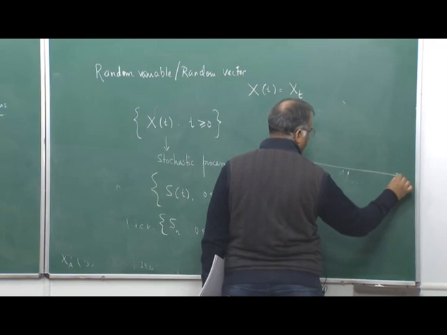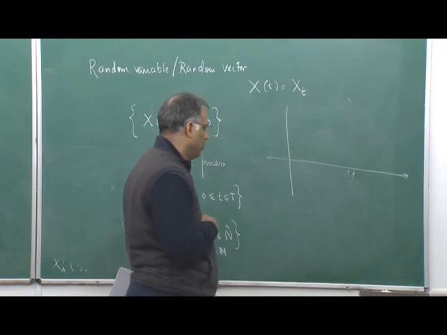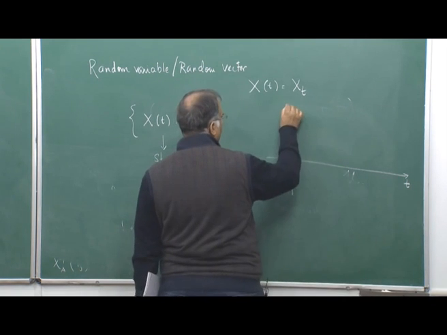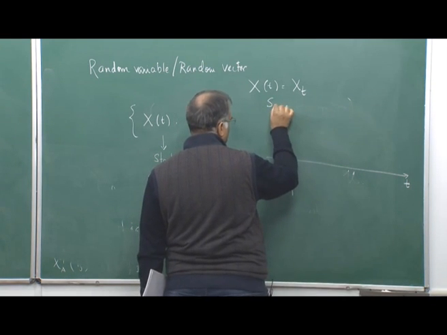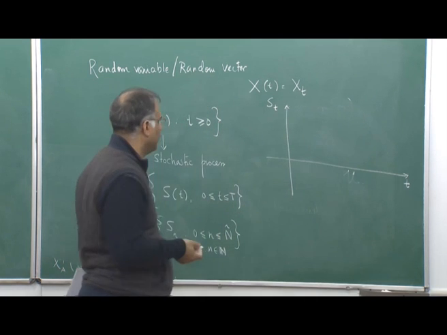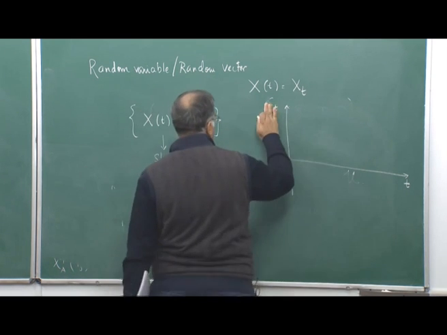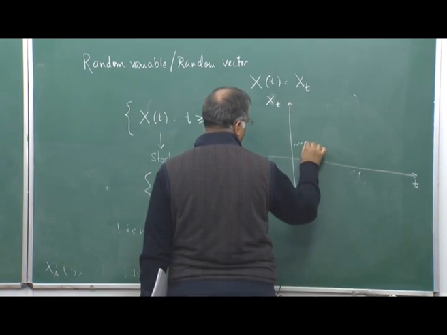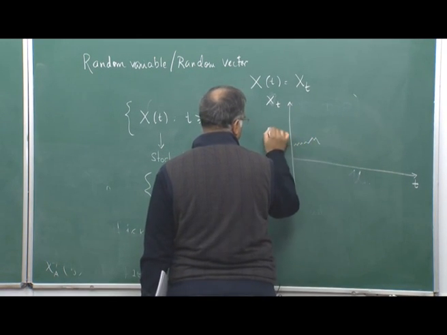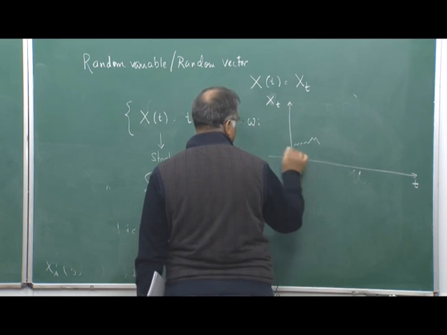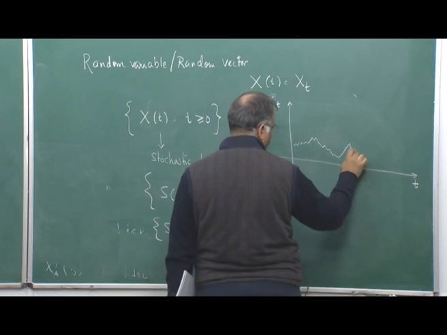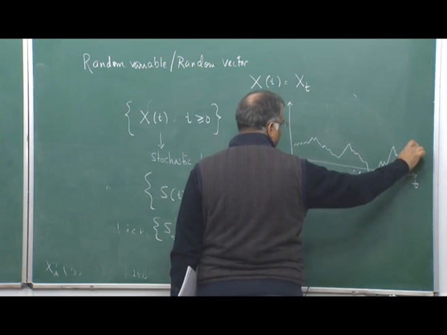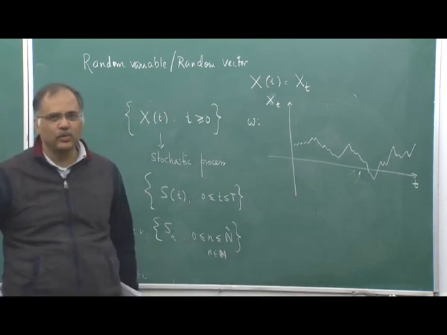So, here what you have done is you have t and here you have say S of t or X of t, does not matter, maybe X of t. So, for a fixed omega, you can see how the value of each random variable changes at omega.